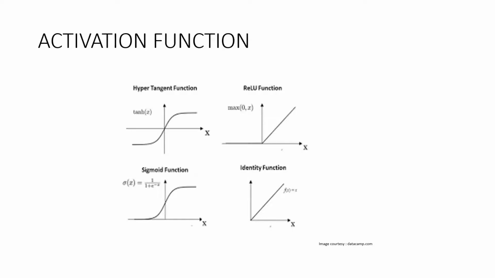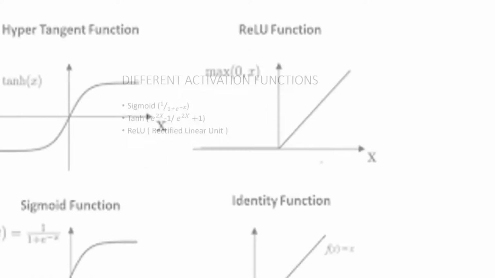There are different types of activation functions: hyperbolic tan, ReLU, sigmoid, identity function. It's shown in the diagram. We will discuss in detail about the activation functions.